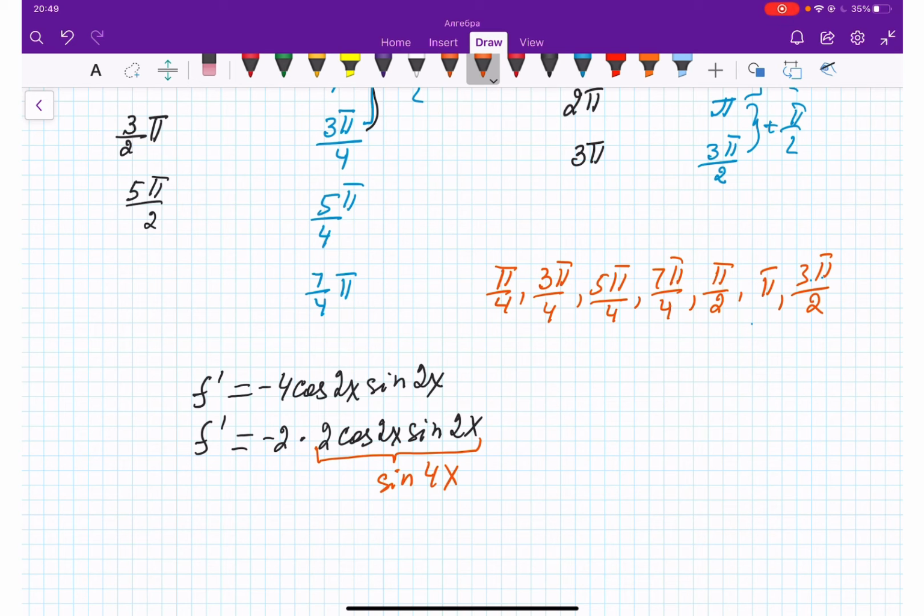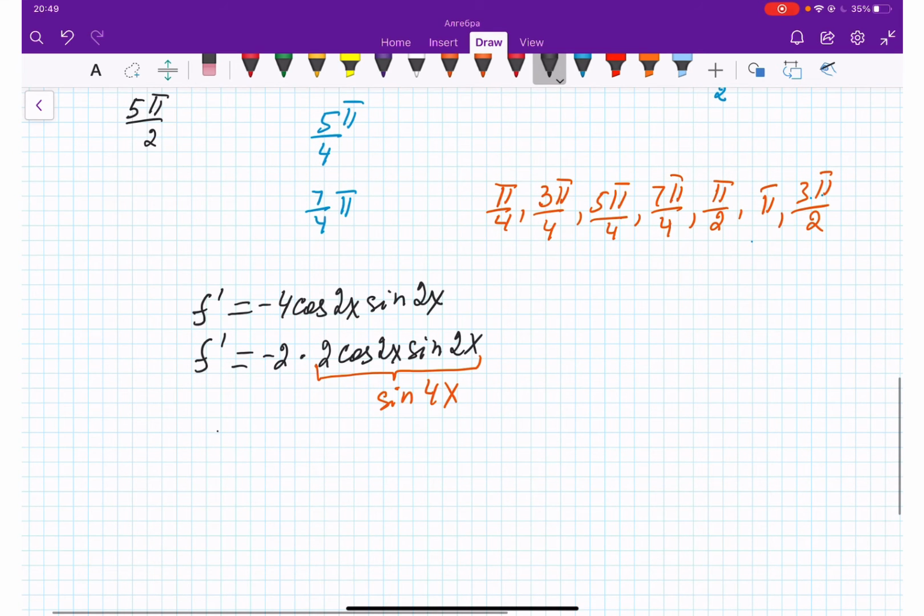So we have f prime equals negative 2 sine 4x.